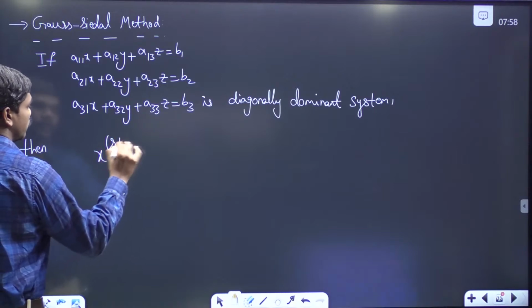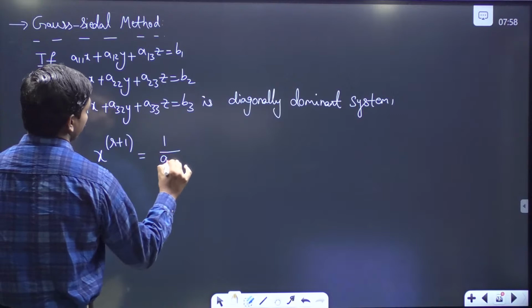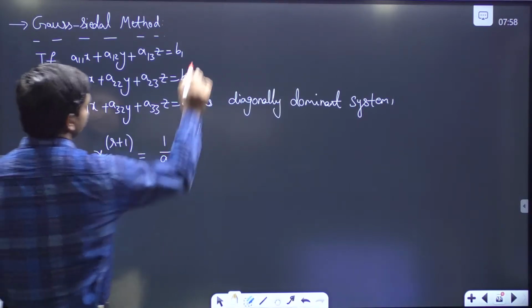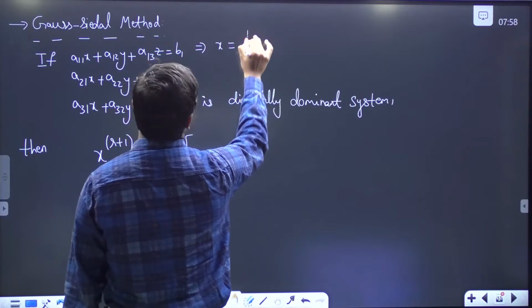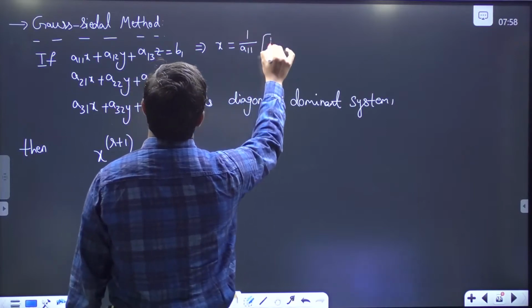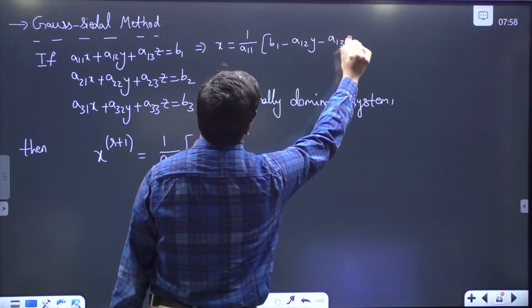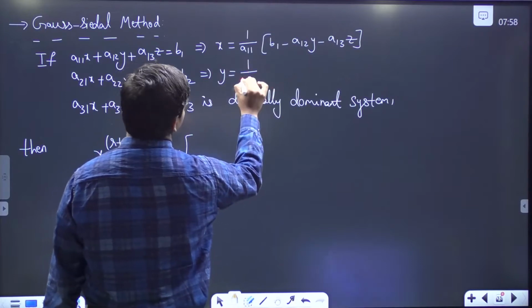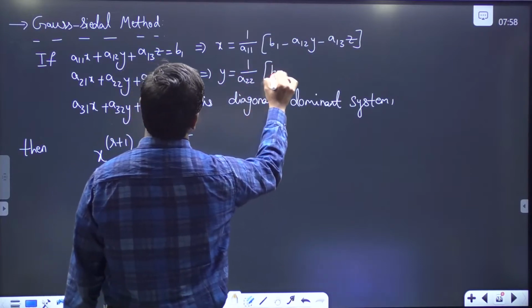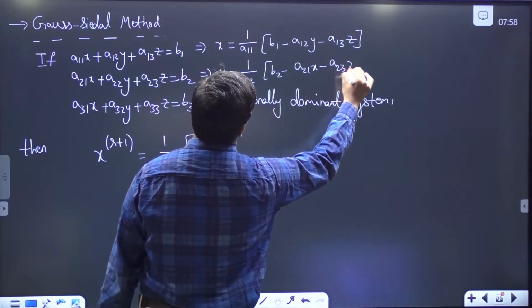x(r+1) is equal to 1 by a11 into b1 minus a12y minus a13z. Basically, you write the expression for x from the first equation. Similarly, if you write the expression for y from the second equation, you will get 1 by a22 into b2 minus a21x minus a23z.